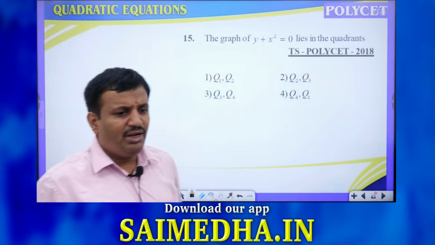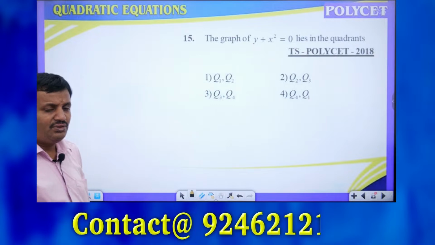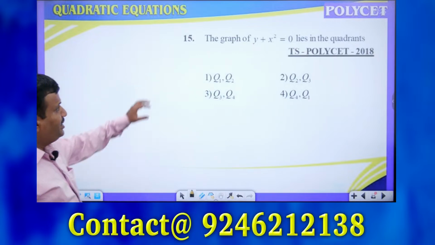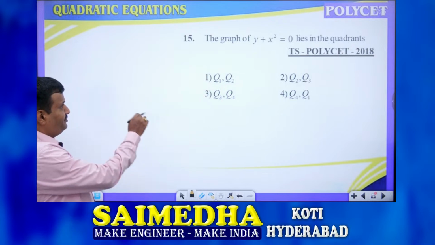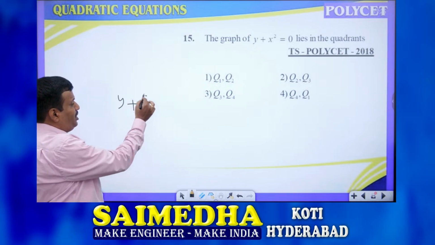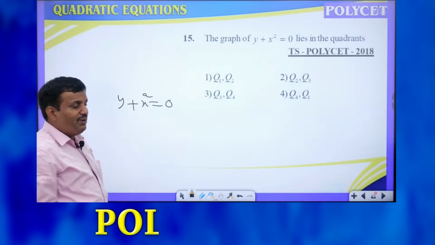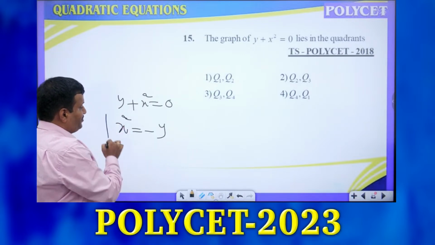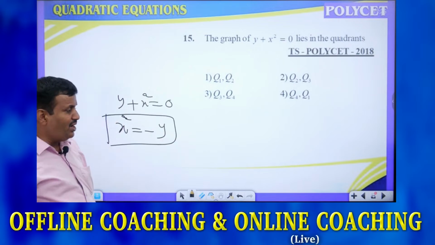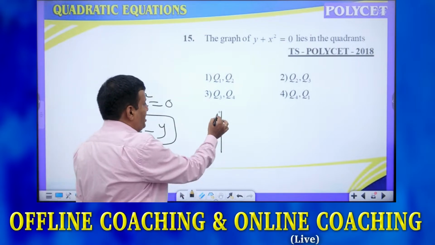Coming to our next question. What is our next question here? The graph y plus x square equal to 0 lies in which quadrant? Already we have discussed this in the beginning. X square equal to minus y. What type of parabola is it?